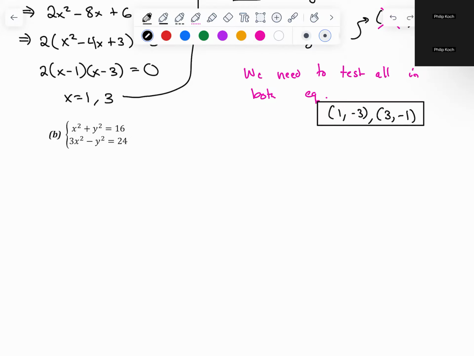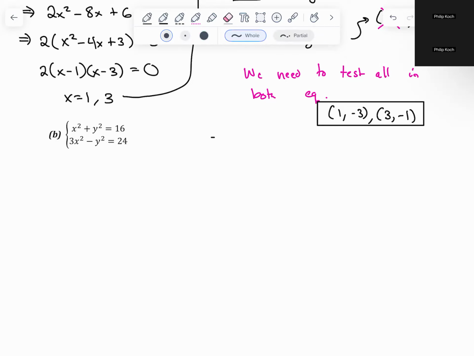We can eliminate the y value real quick just by adding them together. But you could also say that y squared is equal to 16 minus x squared, and we already have a y squared. So we can just immediately replace y squared with 16 minus x squared, and it'll give us the same answer. So that is a possibility. But I would encourage you to do elimination instead.